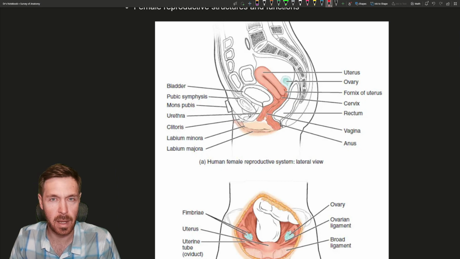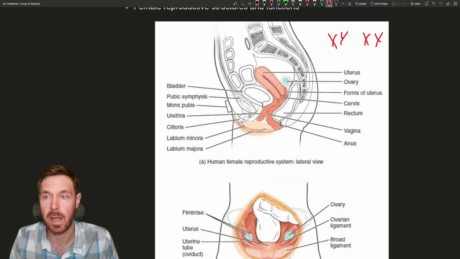So during development at about week 7 or week 8, all fetuses are sexually indifferent, meaning they have both male and female duct networks. So males are XY, females are XX. The Y chromosome has a certain gene on it called the SRY gene. It's called the sex determining region on Y. At about week 7, week 8, that causes a boost in testosterone.